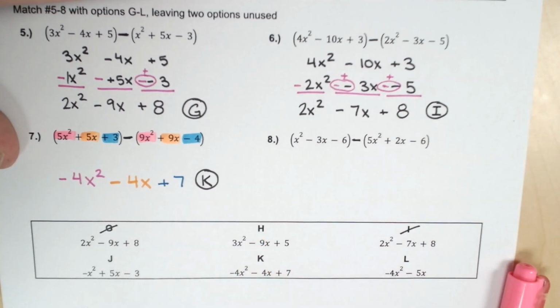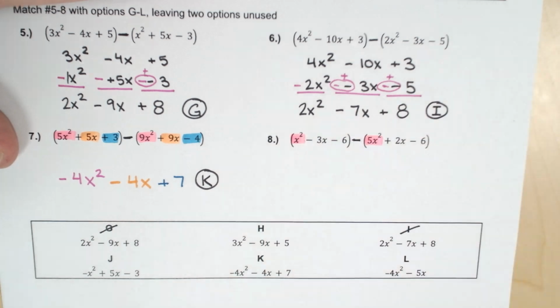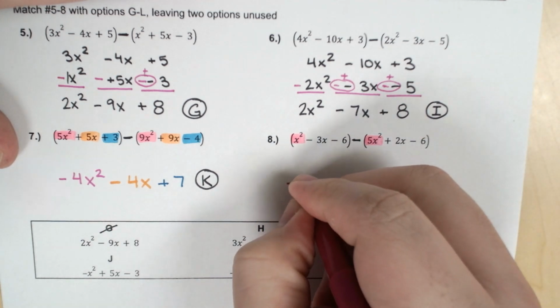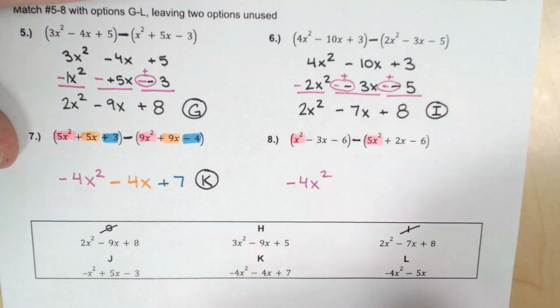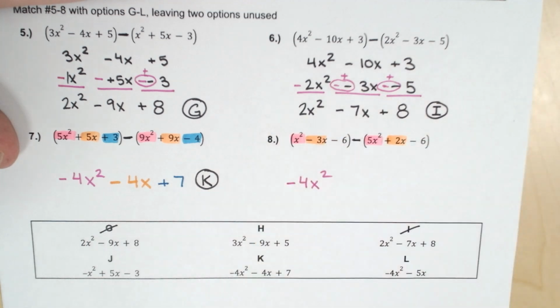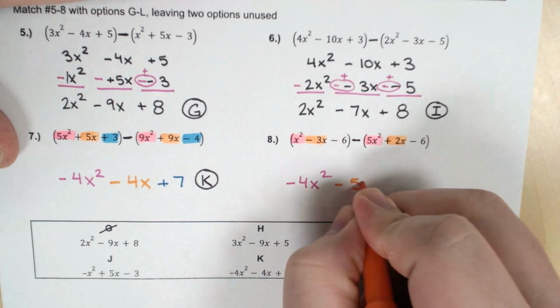Let's try that again. We've got x squared minus 5x squared. 1 minus 5 is negative 4x squared. We've got negative 3x and 2x. Negative 3 minus 2 is negative 5x.